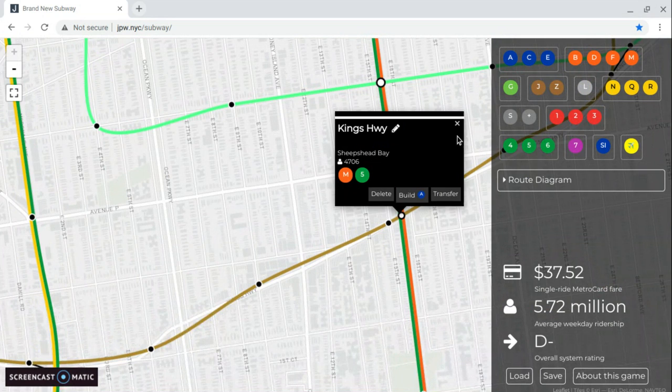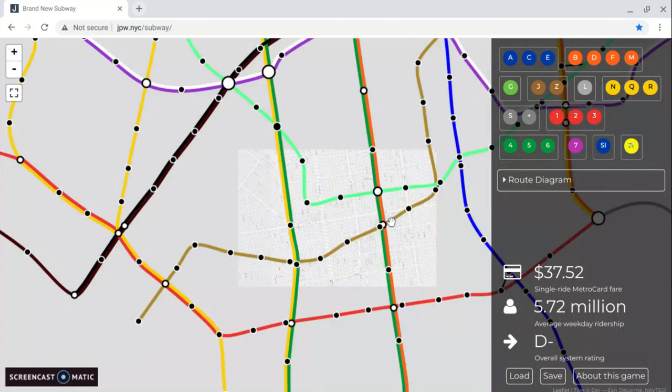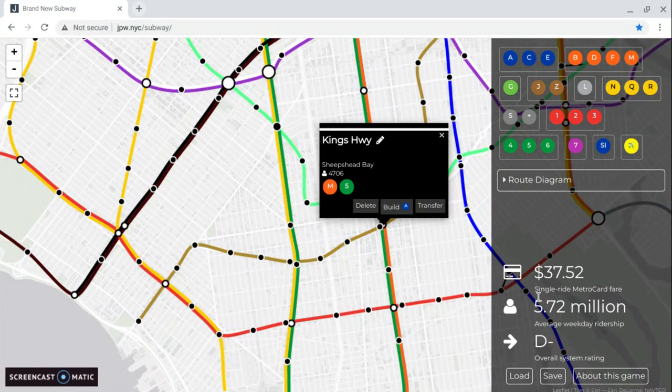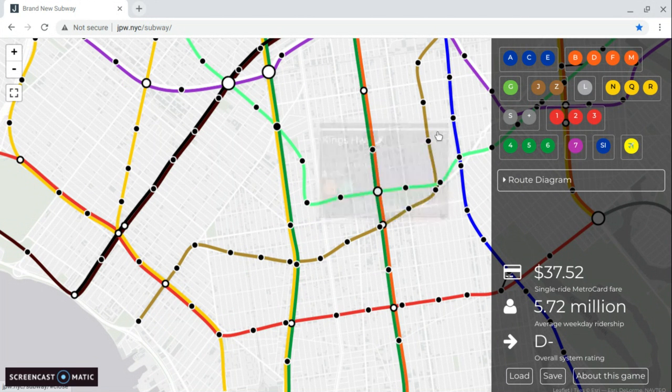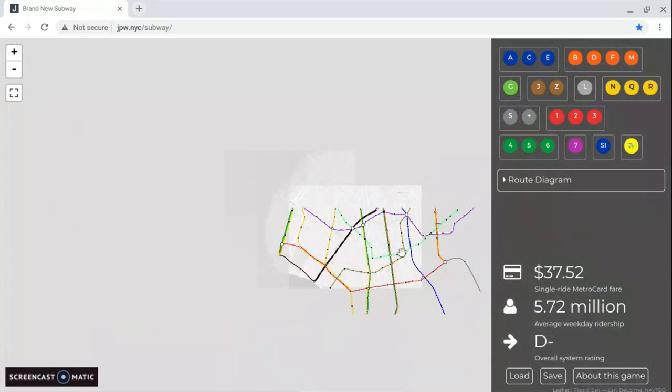This is the present-day Kings Highway stop. In real life, this is a location for the B and Q trains. It is for the M and 5 in the outside world, because in the outside world, lettered and numbered trains can run together. There are no limitations or anything.